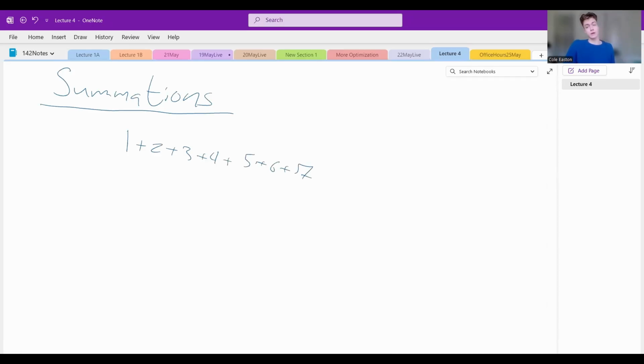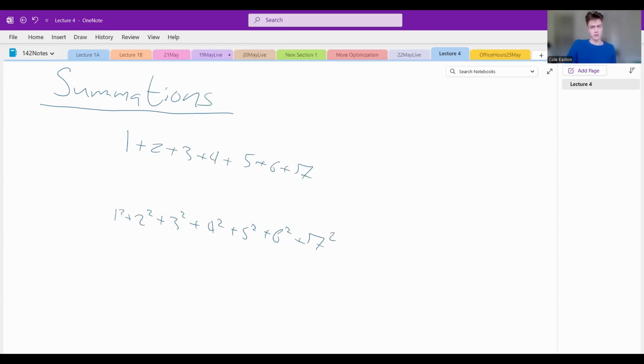And that's a lot of writing, and it would be even more writing if I wanted to add 50 numbers together. Or what if I wanted to say, what is 1 squared plus 2 squared plus 3 squared plus 4 squared plus 5 squared plus 6 squared plus 7 squared?